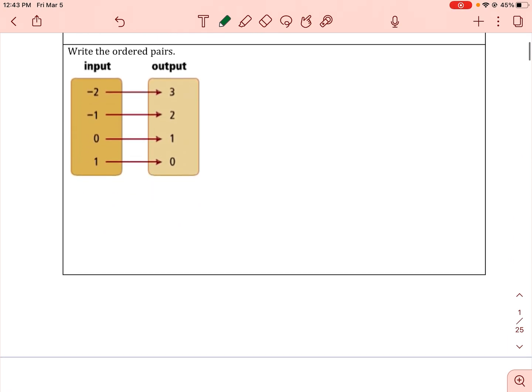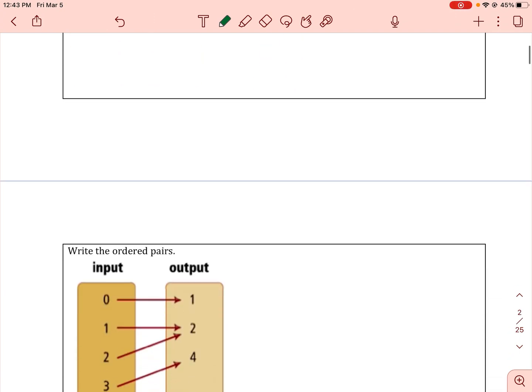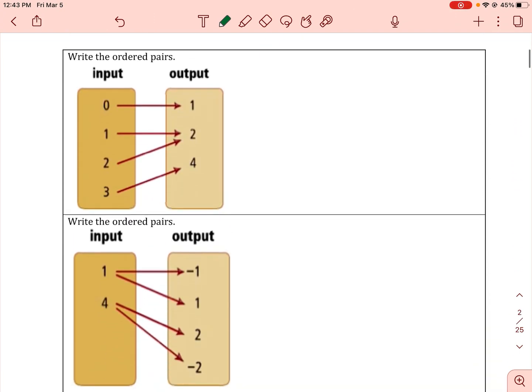So here, now, we are going to write the ordered pairs. So I have (-2, 3), -1 maps to 2, 0 maps to 1, and 1 maps to 0. More ordered pairs, so I have 0, 1. 1 goes to 2. 2 also goes to 2.